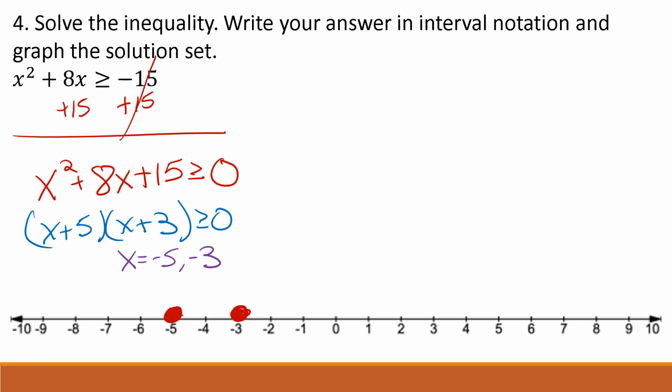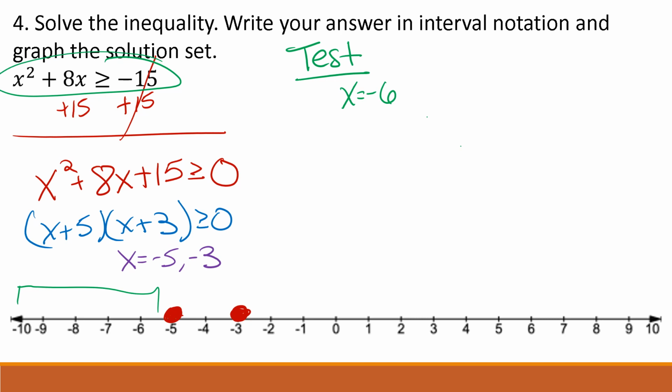All right, so then we want to test. So I'm going to just go to my left interval. Any number less than the negative 5, so I'm going to do negative 6. So plug that in. Now you could plug it into the original one and see if it's going to be greater than or equal to the negative 15. Or you could plug it into the one where everything's on one side. Either or, doesn't matter. They're the same equation, they just look slightly different. I'm going to plug it into this part.